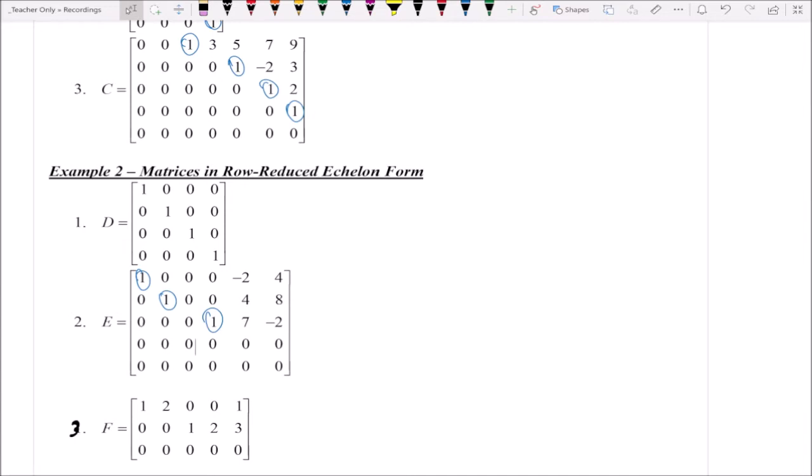All of the entries below the leading ones are 0s, and all of the entries above the leading ones are 0. Finally, we look at F. First non-zero entries are 1, so they are the leading ones. All entries in the column of a leading 1 are 0. The leading 1 is to the right and below the preceding leading 1. There is a single non-zero row, and it does appear at the bottom.